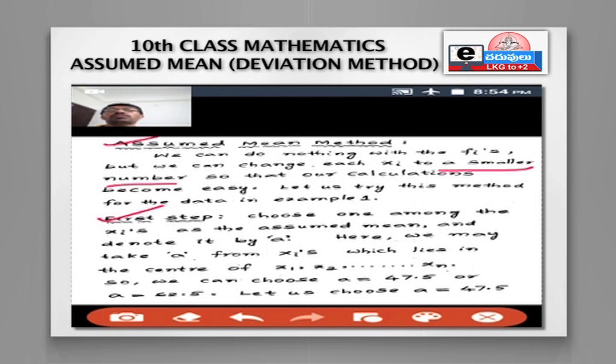Choose one among the Xi's as the assumed mean and denote it by A. Here we may take A from the Xi's which lie in the center of x1, x2, so on xn. So we can choose A equal to 47.5 or A equal to 62.5. Let us choose A equal to 47.5.